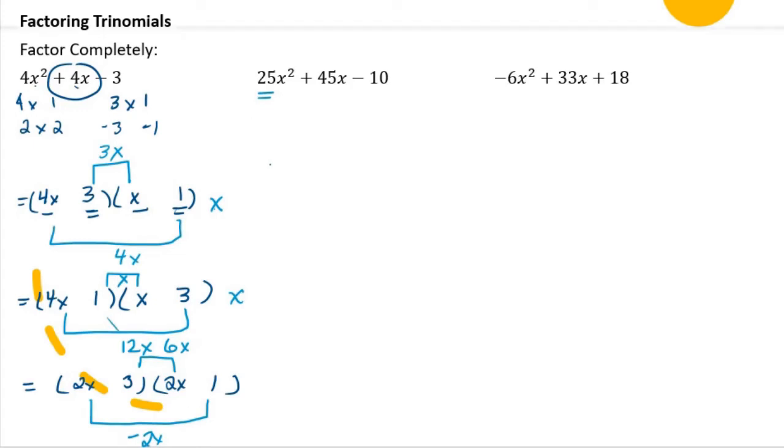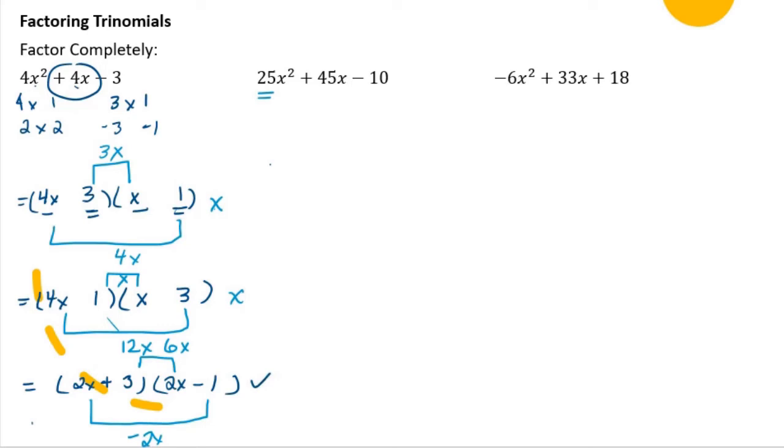So what do the signs have to be if that's the case? Well, I know I need 6x to be positive, and I have a positive 2x, so the 3 must be positive. And I'd like the negative 2x to exist as a negative value, and I have positive 2x so far, so I have to put a negative in front of that one. So there you go.